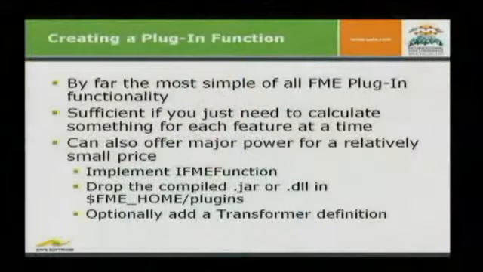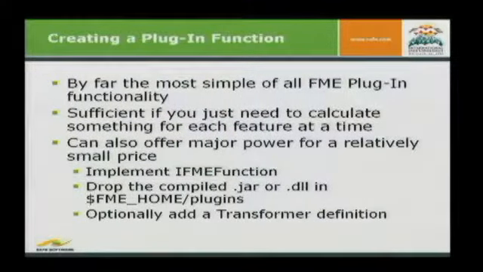Just going to go into creating a function. A function basically processes one feature at a time. Functions get used a lot behind the scenes in the FME Workbench. Creating a function is definitely the most simple thing you can do in the plugin SDK.